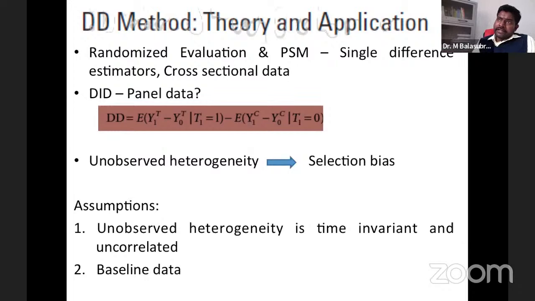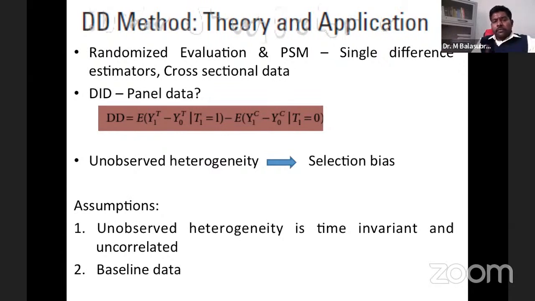In this DID, can only panel data be used, or can cross-sectional data be used as well? Yes, we can use this model in cross-sectional studies also, where repeated cross-sectional data can be used. Not a single point in time, but repeated cross-sectional studies can be used to compare and evaluate a particular group. There also we can use difference in difference.